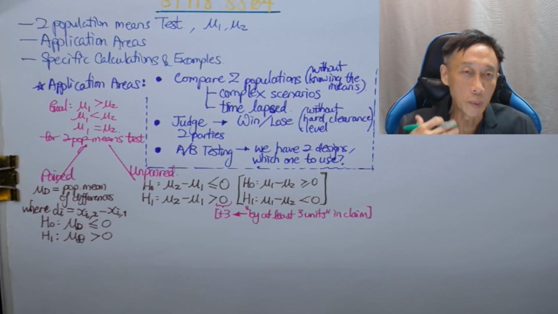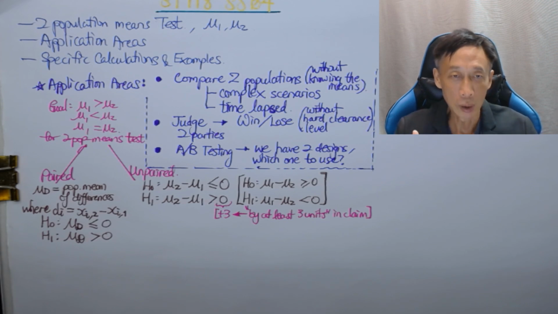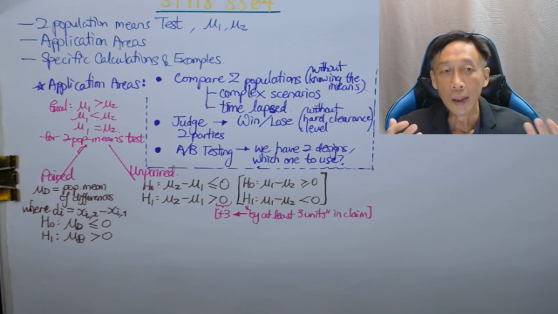Correct or not? So there will be skeptics who will doubt and say, wait, your result may not be reliable. Then you say, no, but my sample size is 40 pairs of siblings. But your result is still not reliable.